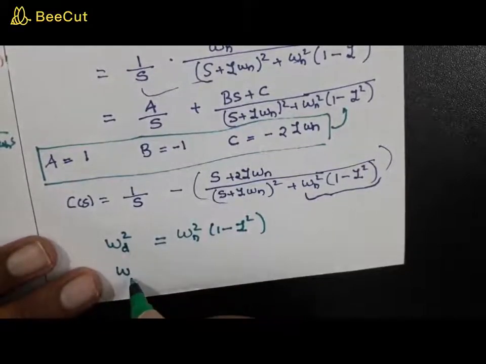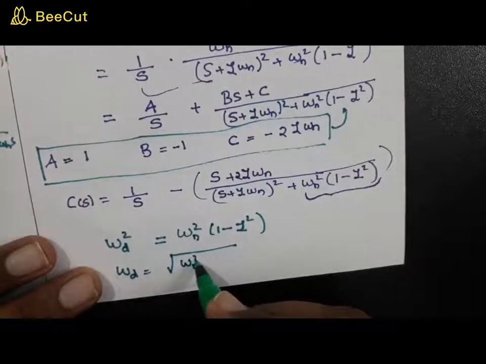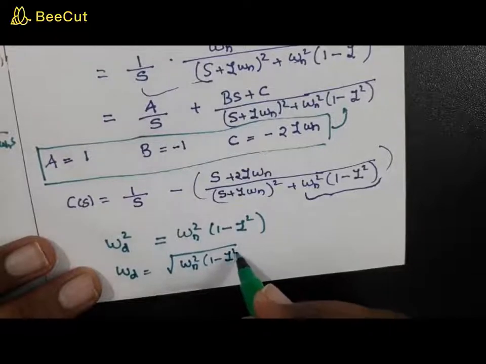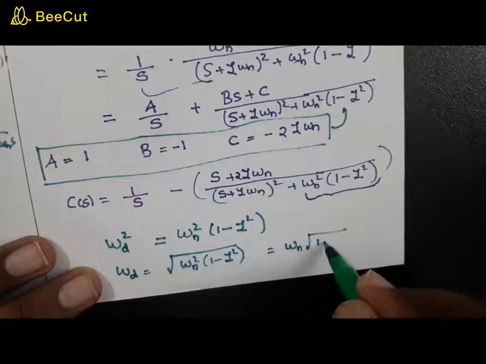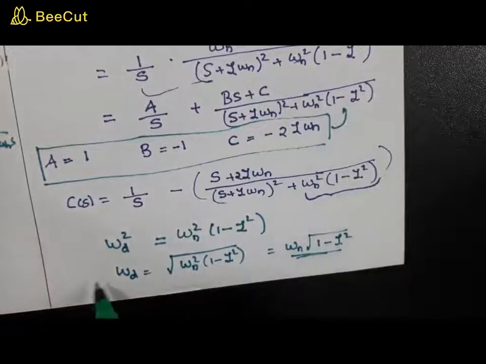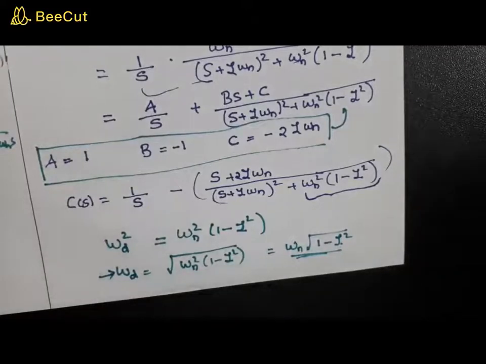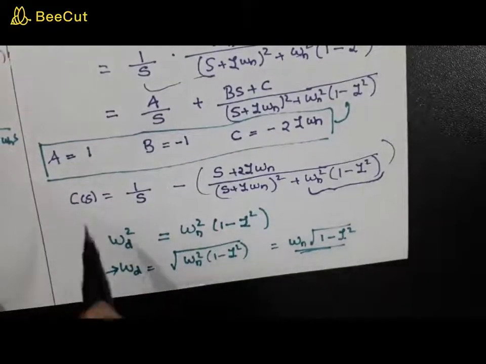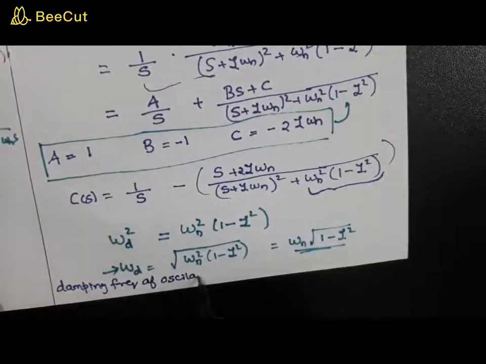From this you will get omega d as root of omega n square into (1 minus theta square), or this is equal to omega n into root of (1 minus theta square). Now this omega d is called the damped frequency of oscillation.